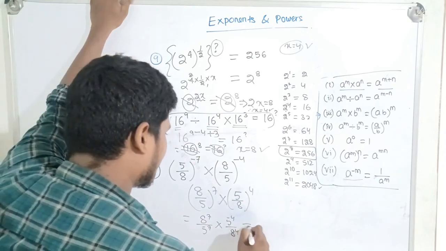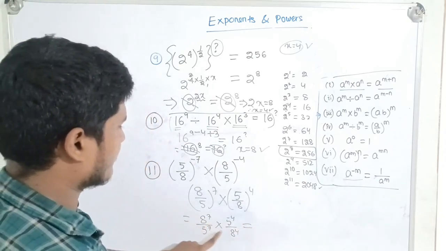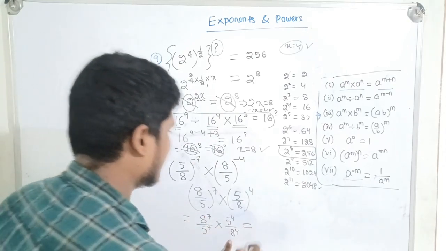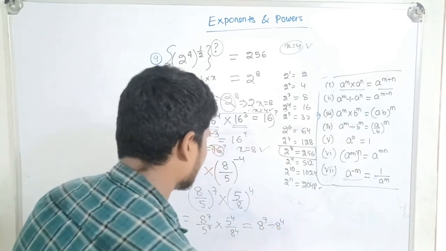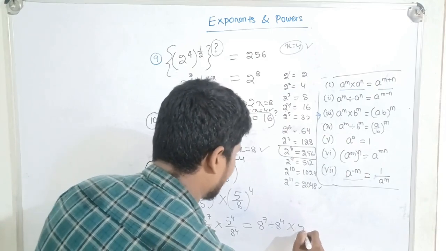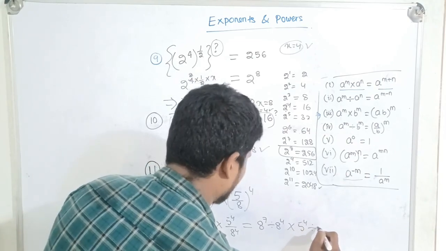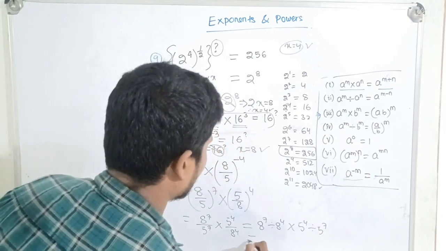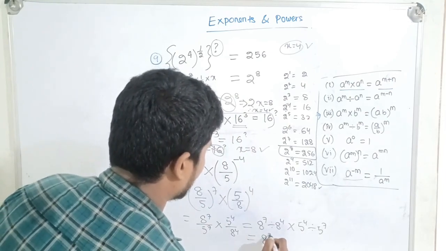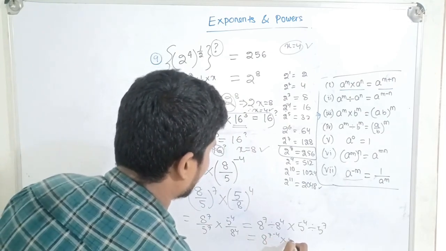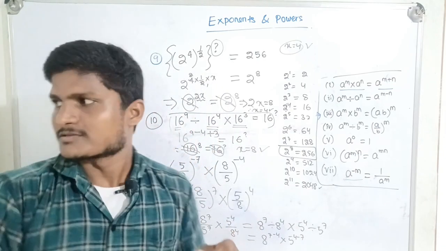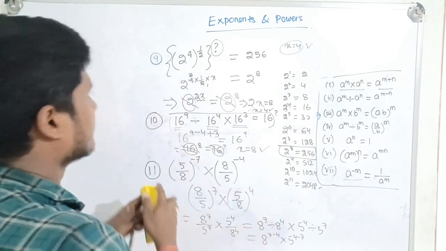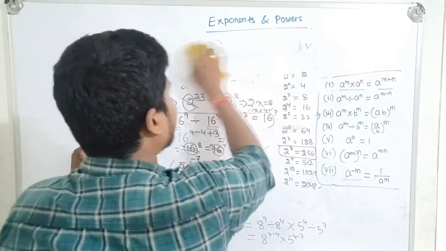Now I can write 8 to the power 7 divided by 8 to the power 4, and 5 to the power 4 divided by 5 to the power 7. Here I get 8 to the power 7 minus 4 into 5 to the power 4 minus 7.